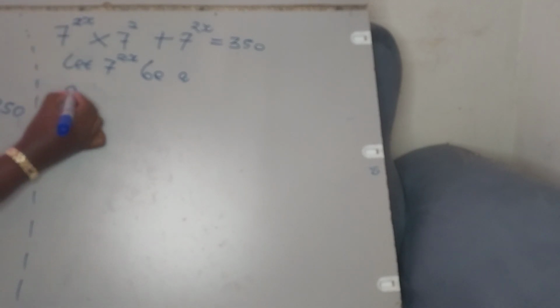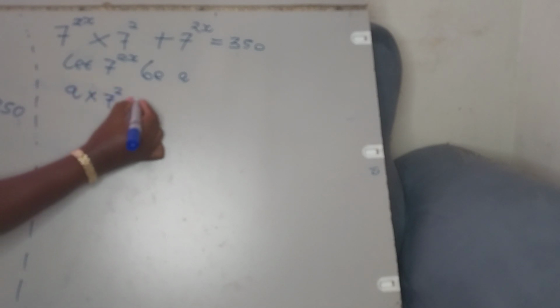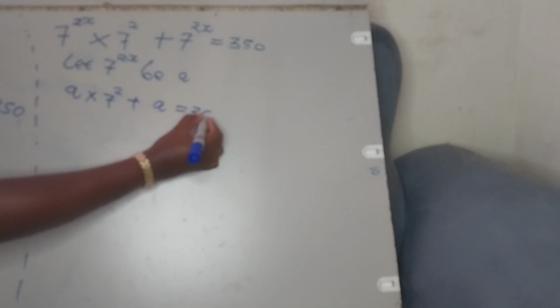Now, wherever there is a 7 to power 2x in your equation, replace it with the unknown A. So it will be A times 7 to power 2, plus A, gives us 350. Good.